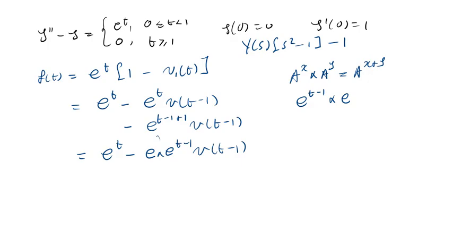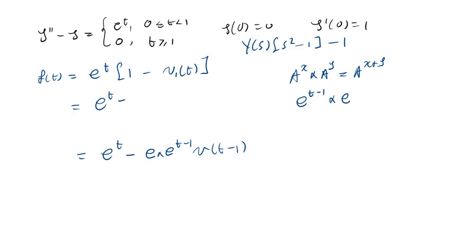This one, I guess we're just treating as a constant, more like the coefficient. So we have e times e to the t minus 1, then u of t minus 1, like this.